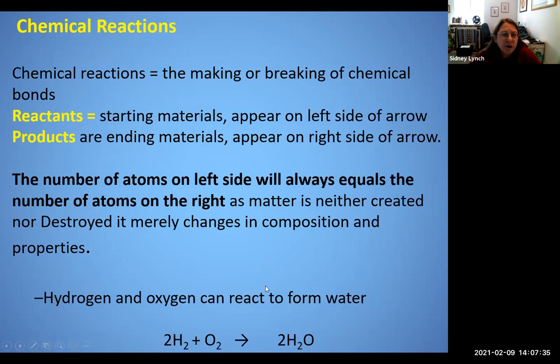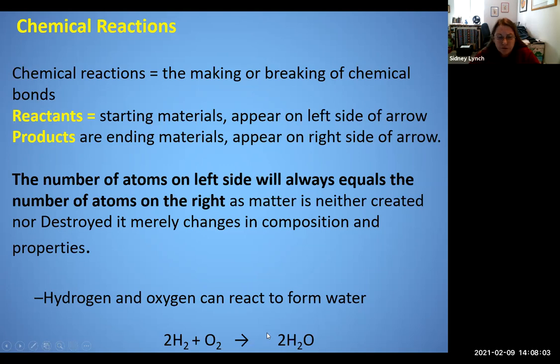Okay, this is just a chemical reaction. Just to introduce you to chemical reactions real quick, reactants are what you start with, products are what you end with. So this little reaction we have down here, 2H2 plus O2 goes to 2H2O. So hydrogen and oxygen can react to form water. In this equation, the hydrogen and oxygen atoms are the reactants and the product is water.